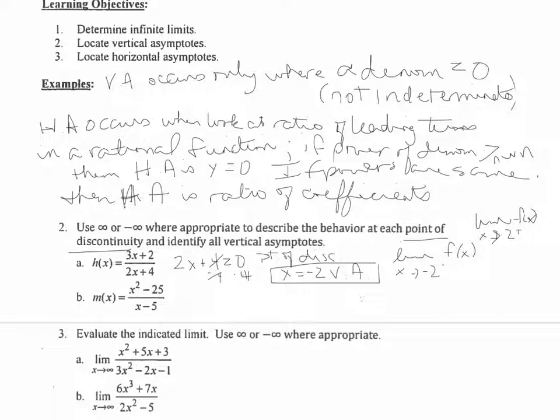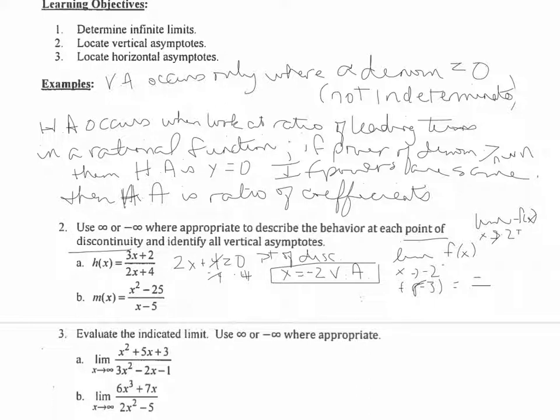All right, so if I used something like a negative 3, if I put negative 3 in the numerator, then I get 3 times negative 3, which is negative 9 plus 2. Is that a positive number or a negative number? Negative. Over.